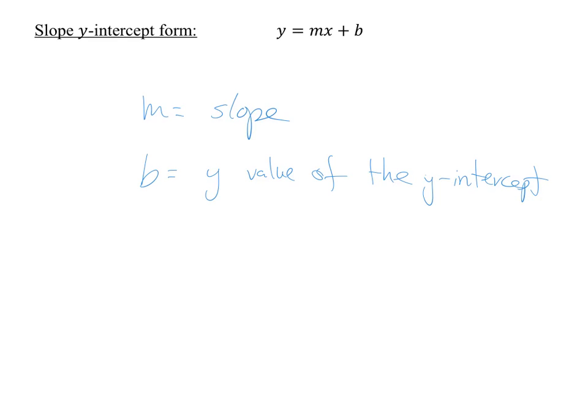Remember, when you want to find the y-intercept, you set x equal to 0, don't you? So b is the y value of the y-intercept. Let's make sure we specify that. You could say that 0, b is actually the y-intercept itself. That's the y-intercept, 0, b. But b itself is just the y part of the y-intercept.